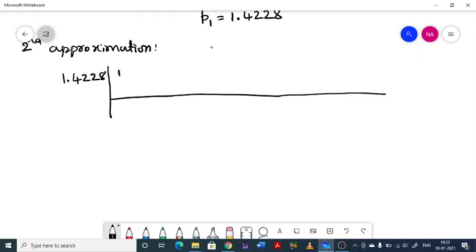So coefficients 1, 0, minus 1, minus 1, 0, 0, minus 1. 1.4228, multiplying, 2.0244.